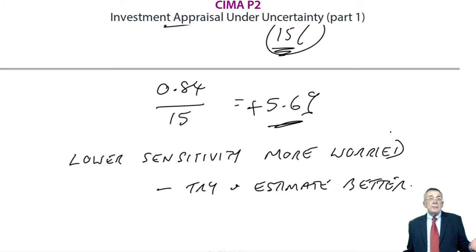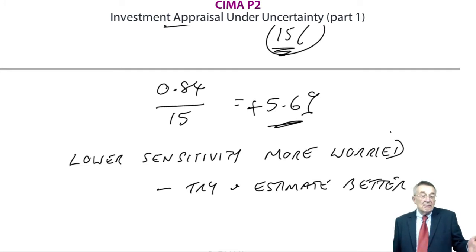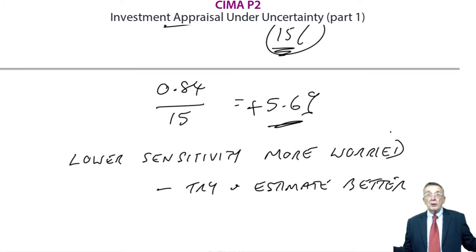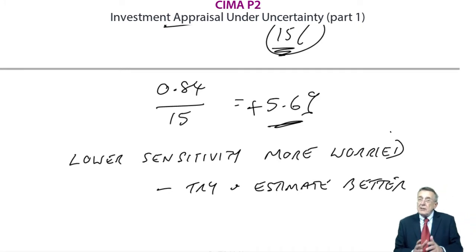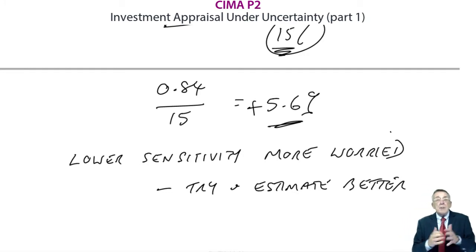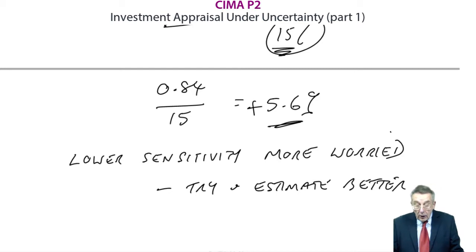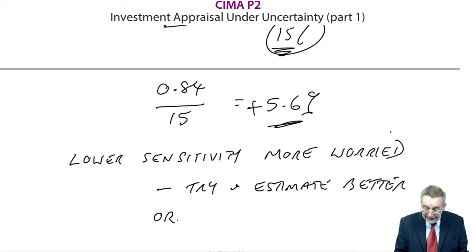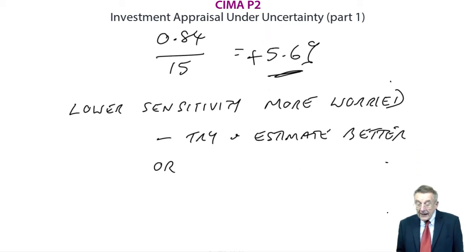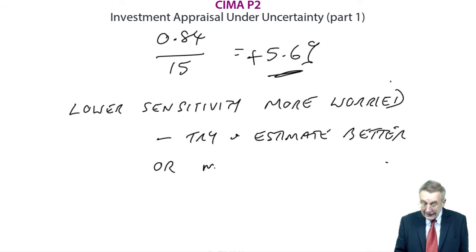Say again, if sensitivity was 80%, I don't think I'd ever be that much wrong, so I won't waste any time. Sensitivity is 2%: I'll spend a lot more time checking my estimates and trying to be more certain. Or, of course, if the sensitivity of any of the items is low, then even though the NPV looks as though it's going to be positive, I might not take the risk.